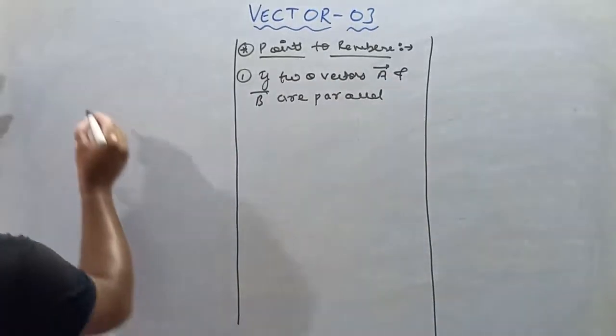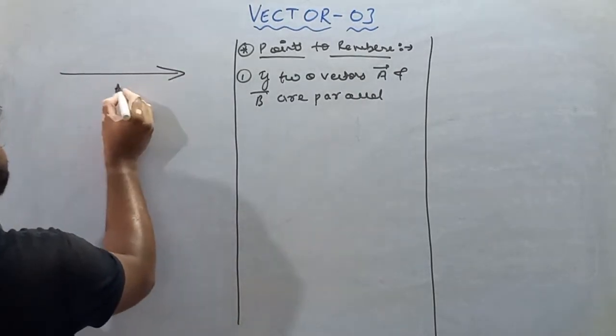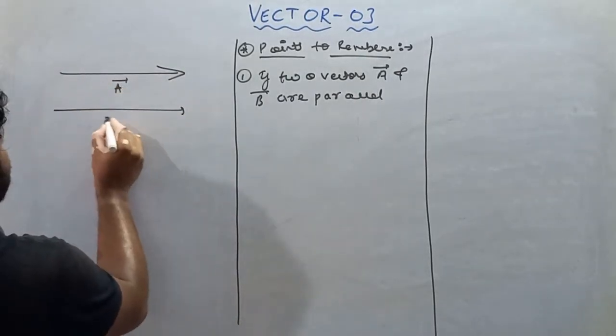So let's suppose we have two vectors, they are parallel to each other, A vector and B vector.